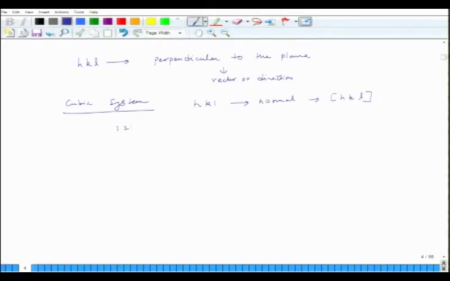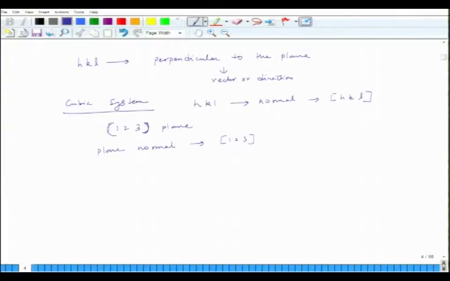So, if you have a plane 1, 2, 3, the 1, 2, 3 plane normal will also be 1, 2, 3. So, this is specifically for cubic system, it applies to all the HKL planes.